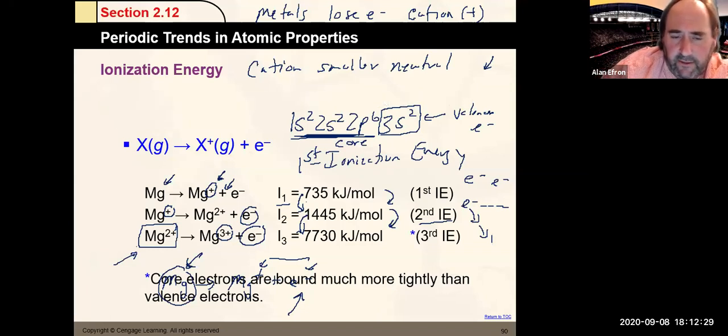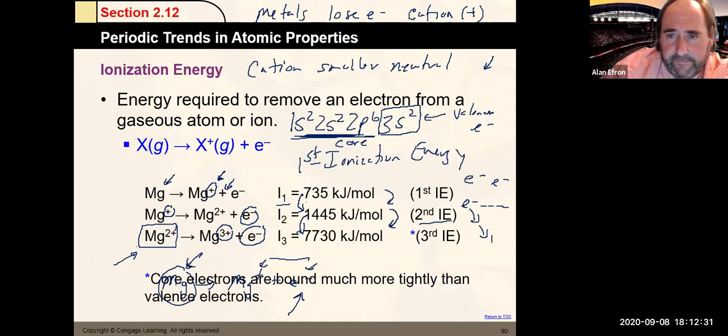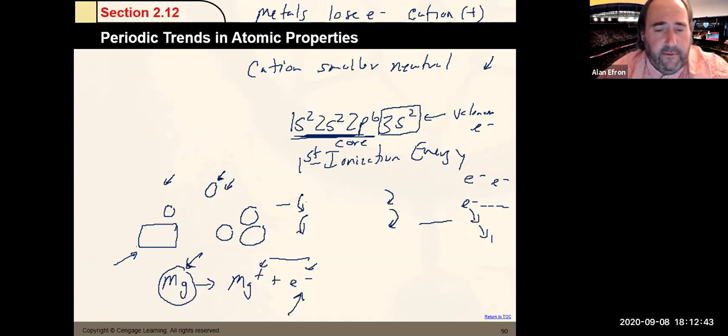So in general, when we look at ionization energy and we look at the periodic table, what we see in terms of the trend, maybe I'll go back here to draw something.